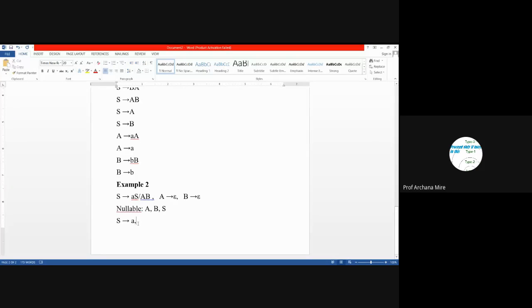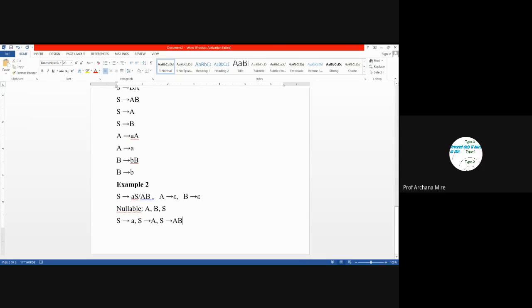In the same way, now there is no other possibility for this production rule. Let's check for this production rule, that is S leading to AB. So once again, we will write S leading to AB and we will remove one by one each nullable symbol. So first let's remove this B. The remaining one will be S leading to A. Once again, I am writing the same.